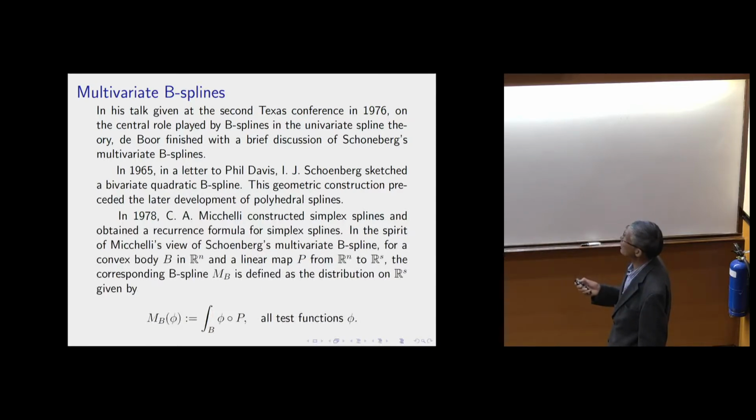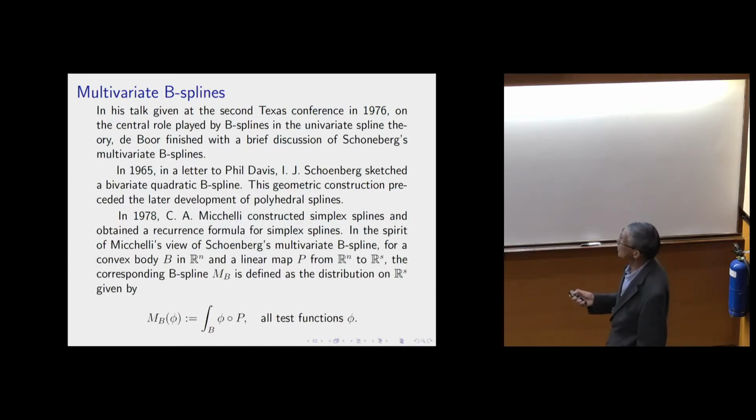But at the end of his talk, he also mentioned briefly multivariate splines, that is, Schoenberg's multivariate B-splines. In de Boor's own account, he once discussed this with Schoenberg, and Schoenberg just pulled out a letter sent to Phil Davis in 1965, in which he had already constructed a bivariate quadratic B-spline.